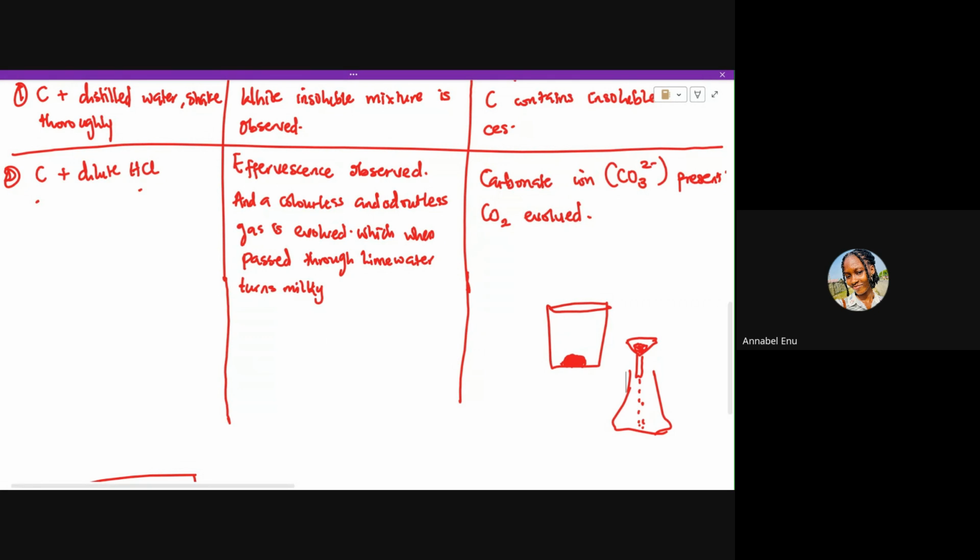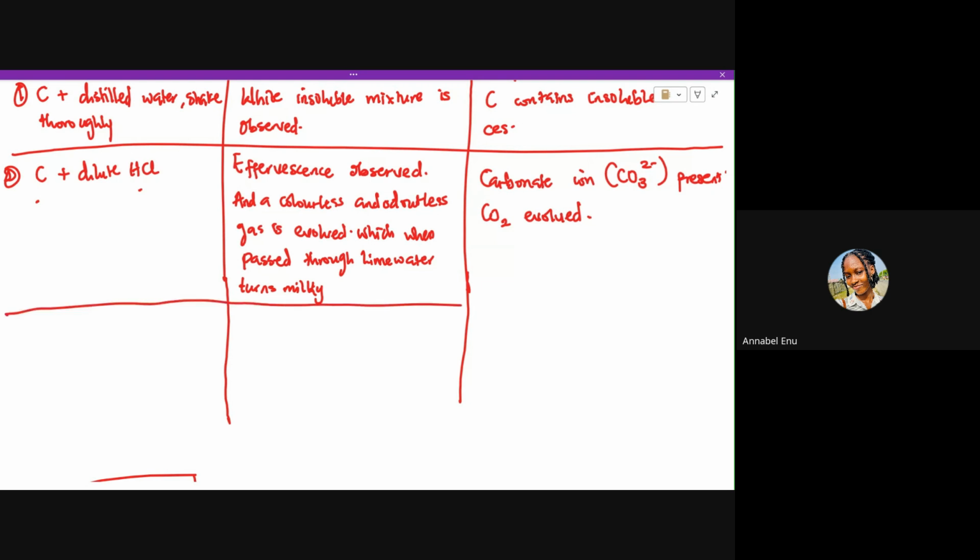So now we're going to be separating the filtrate, because remember our insoluble starch is still there. Now the third step we said: you should filter the mixture.